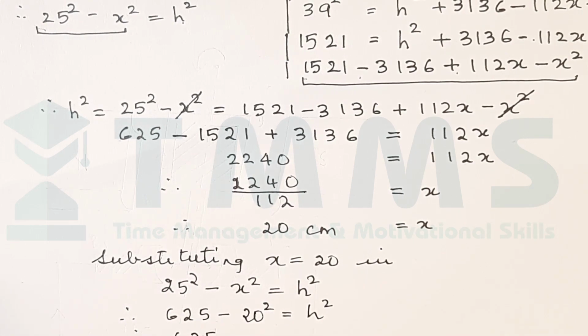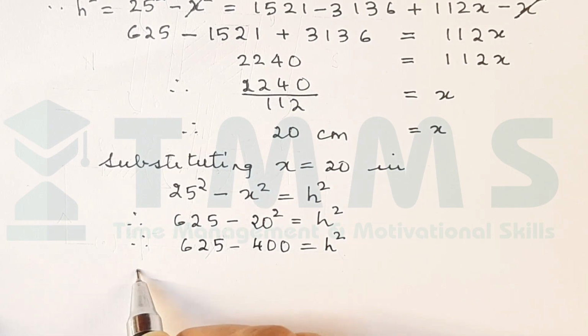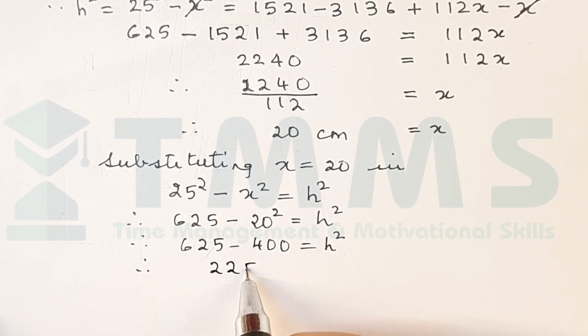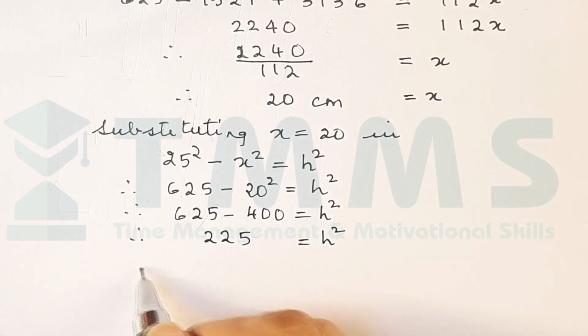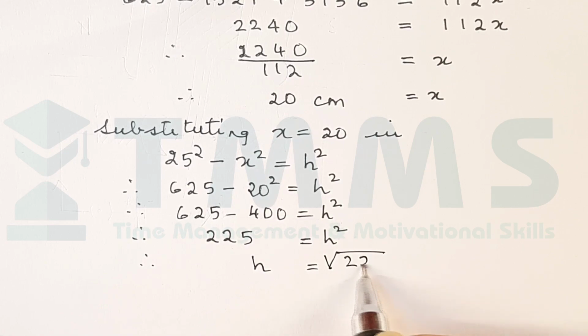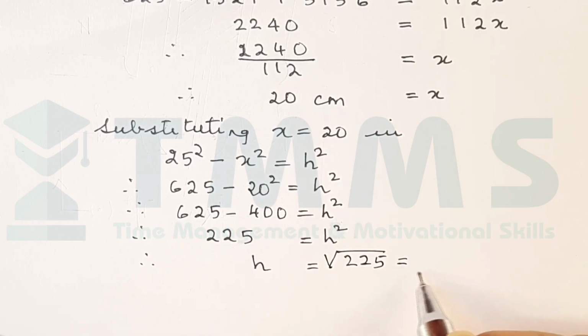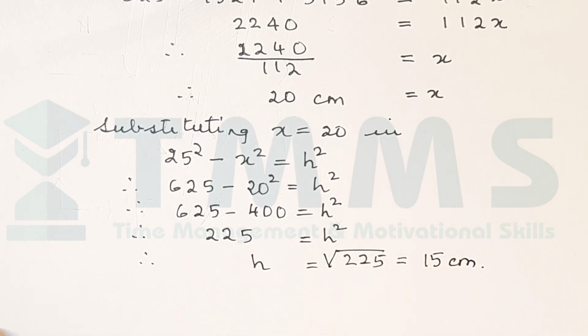Therefore 625 minus 400 is equal to h square. And therefore 225 is equal to h square. That gives us h equal to under root 225, which is equal to 15 centimeter.